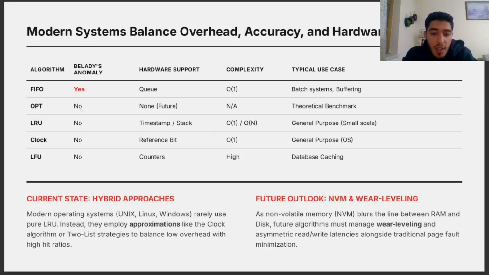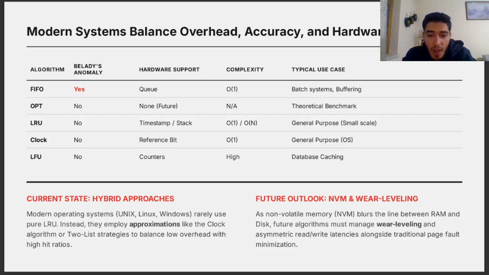And here, for the last slide, we have the summary. As mentioned, first in, first out is simple but weak and suffers from Belady's anomaly, as my teammate explained. Also, the optimal algorithm is the most perfect, but we cannot apply it because we cannot predict the future.